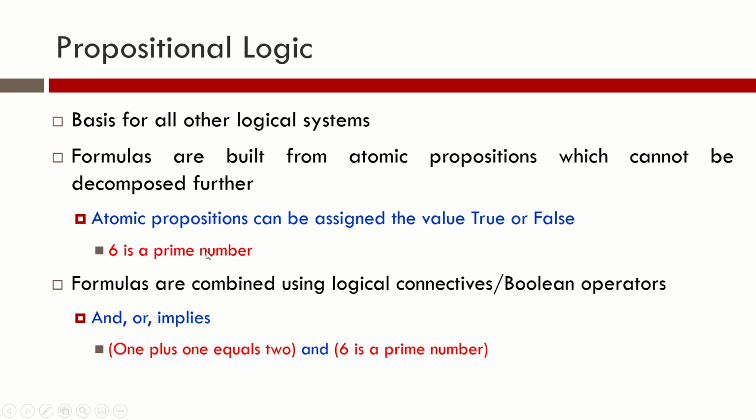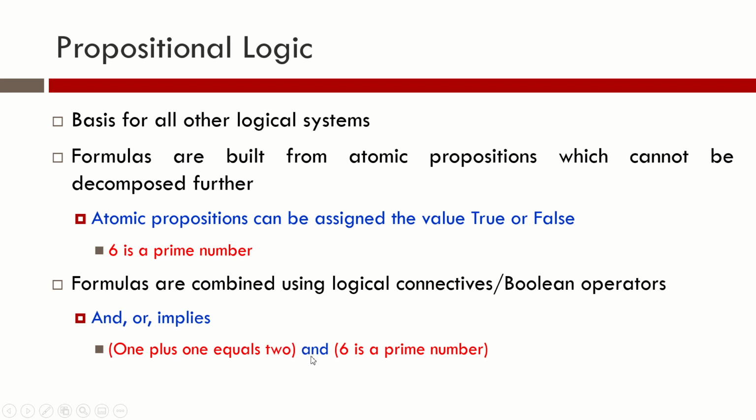And these atomic propositions can be combined using logical connectives or Boolean operators to form formulas. Some of the logical connectives are and, or, implies, etc. So, suppose we have an atomic proposition, say 1 plus 1 equals 2, and another atomic proposition, 6 is a prime number. We can combine these two using the AND operator.